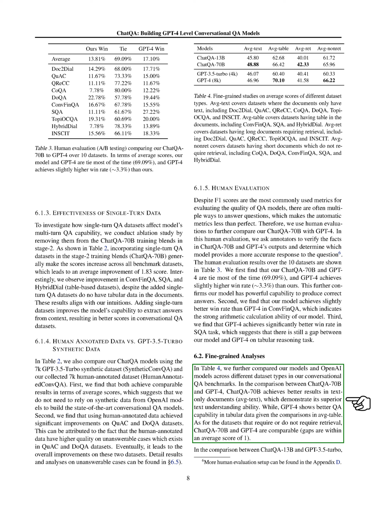For datasets that required or didn't require retrieval, ChatQA 70B and GPT-4 were comparable, with gaps within an average score of 1. Our ChatQA 13B showed better tabular QA capability and performed better in datasets where documents didn't need retrieval. It was on par with GPT 3.5 Turbo in text-only documents and documents that needed retrieval.